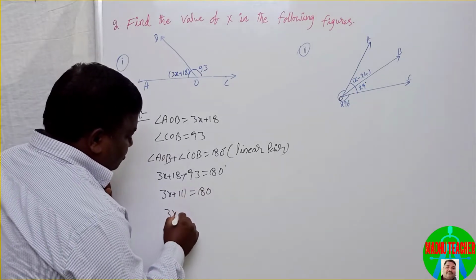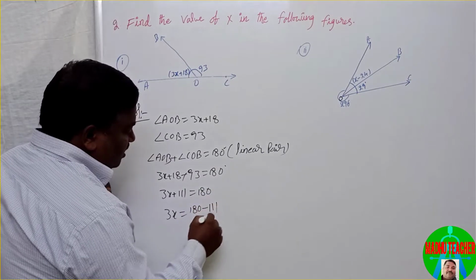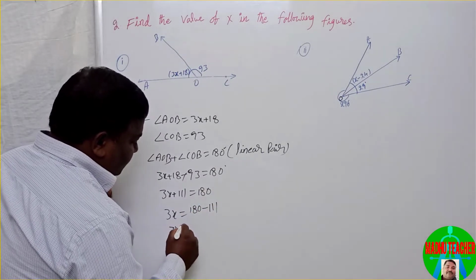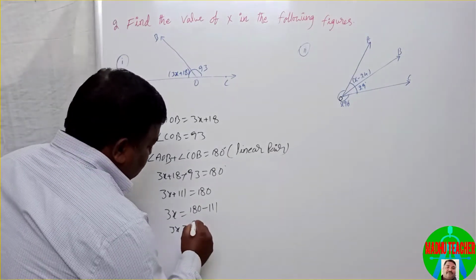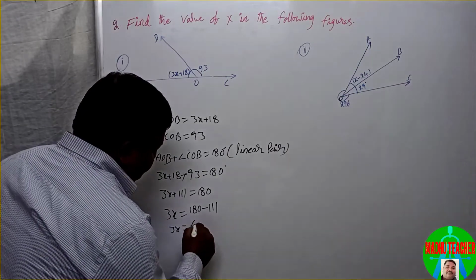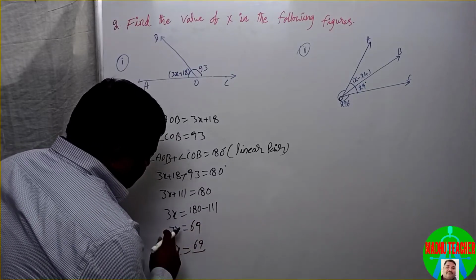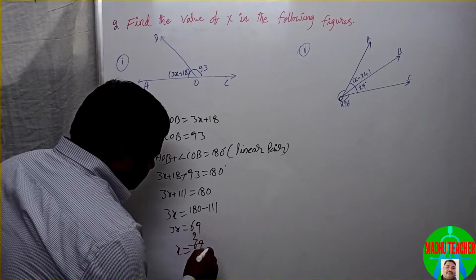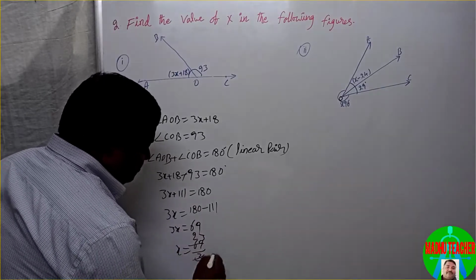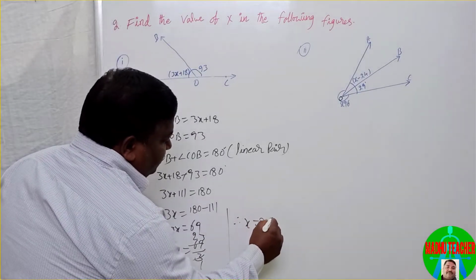So 3x equal to, transposing to the right side, it becomes minus 111. That is 3x equal to 180 minus 111, which is 69. X equal to 69 by 3. 3 ones are 3, 3 twos are 6, 3 threes are 9. Therefore, X equal to 23 degrees.